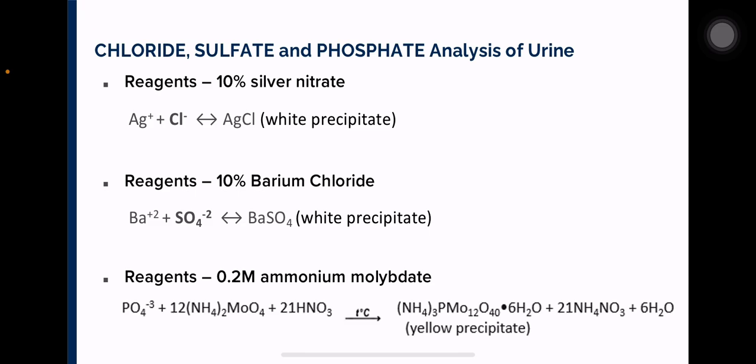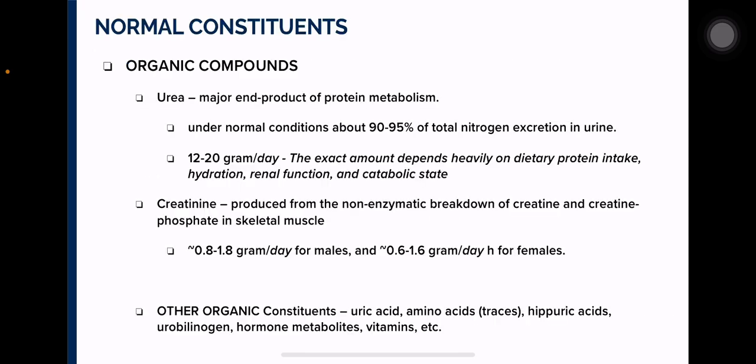And lastly, for phosphate, if you add ammonium molybdate, it detects phosphate by complex formation. So these tests are straightforward and rely on visible precipitates. Next, we have your organic compounds.